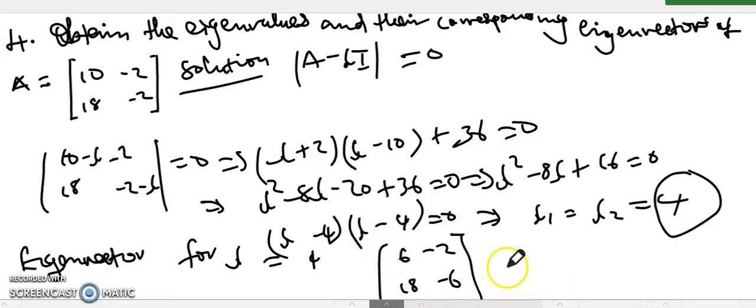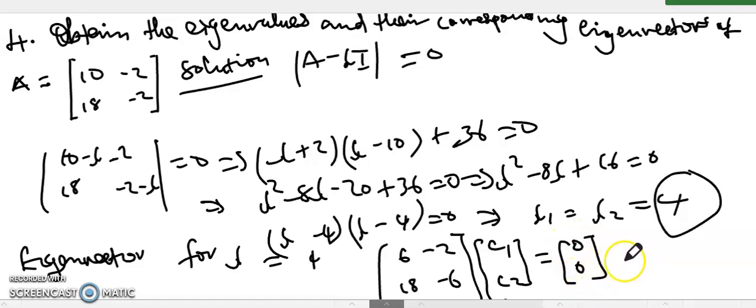And this must be equal to some vector C1, C2. We are trying to solve for eigenvectors, and we must equate this to 0, 0, so that we can now solve. So this means we will have 6C1 minus 2C2 equal to 0.